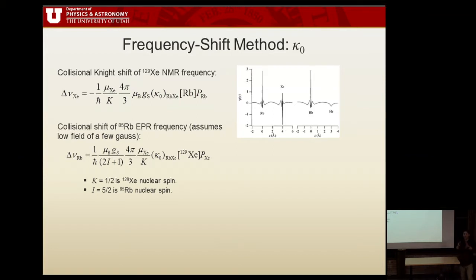If all the spins are pointed one way, then every time they collide there's a phase shift, and they add up because the spins are all pointed the same way. That frequency shift should be proportional to whatever magnetization you have. We use it as a way of doing polarimetry on these samples, precisely because you don't have a thermal equilibrium equation from which you can calculate from first principles what the polarization should be.